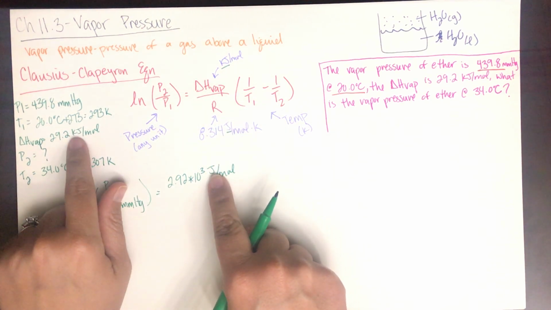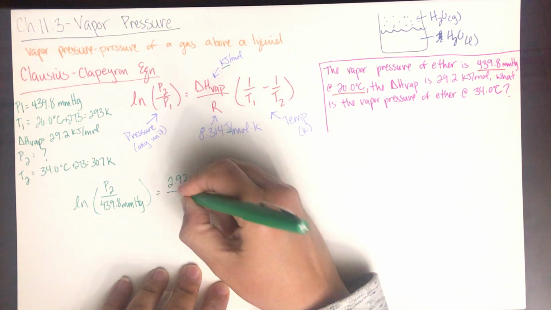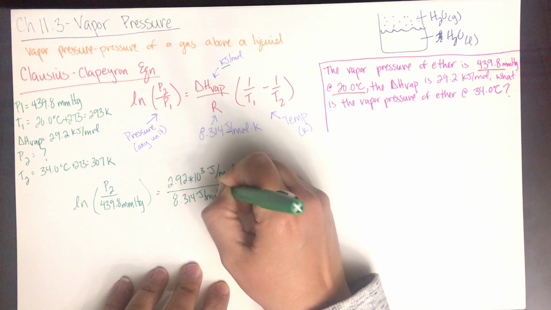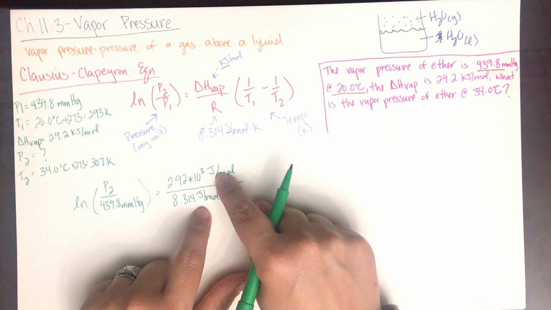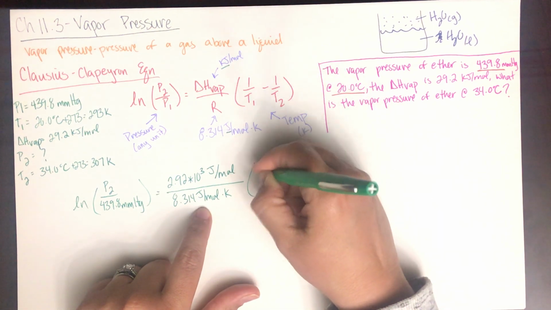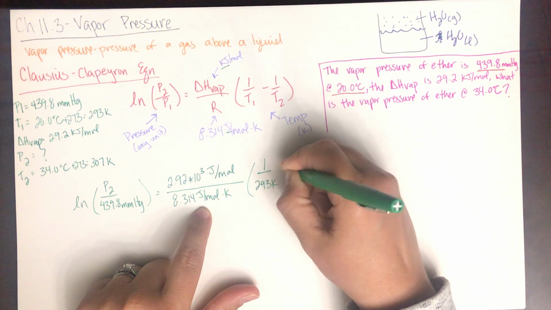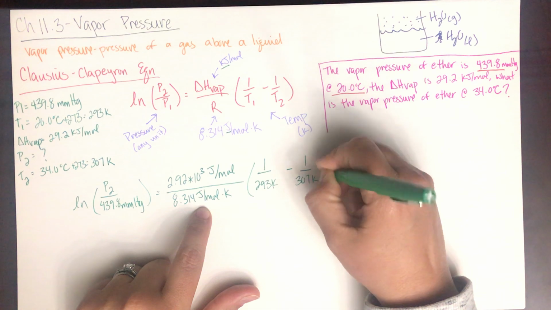I converted this to joules because my R is 8.314 joules per mole Kelvin. You need to convert one of these, it doesn't matter which, times 1 over T1, 293K, minus 1 over T2, 307K.